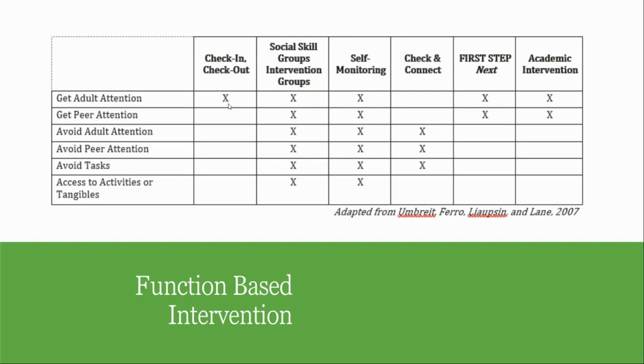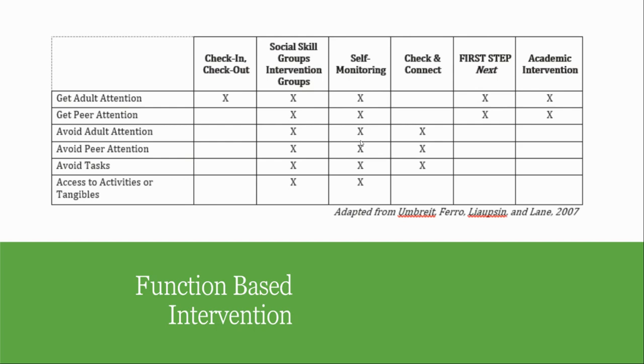And in another video, we'll talk about check-in, check-out. Social skill groups and intervention groups work with all types of functions of behavior, whether it's to get adult attention, get peer attention, avoid adult attention, avoid peer attention, avoid tasks, or access to activities or tangibles.